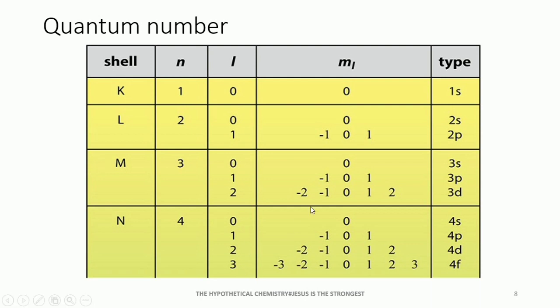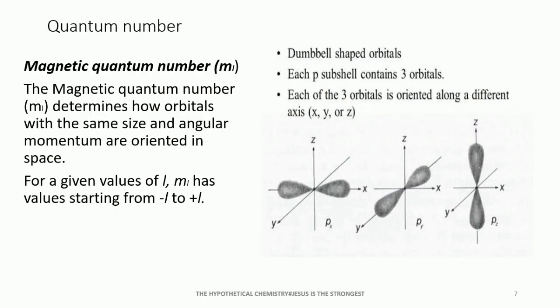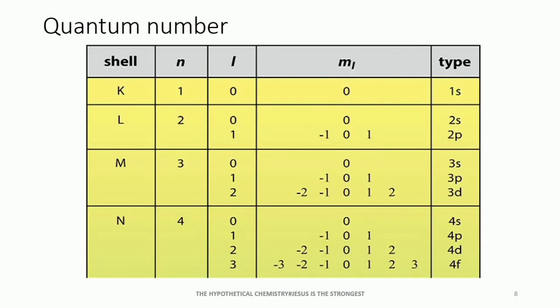Now let's come to the magnetic quantum number. We've learned from this slide that a magnetic quantum number determines how orbitals with the same size and angular momentum quantum number are oriented in space. And we said that for a given value of angular momentum quantum number, the magnetic quantum number has a value starting from the negative of that angular momentum quantum number, and it will end on the positive of that angular momentum quantum number.